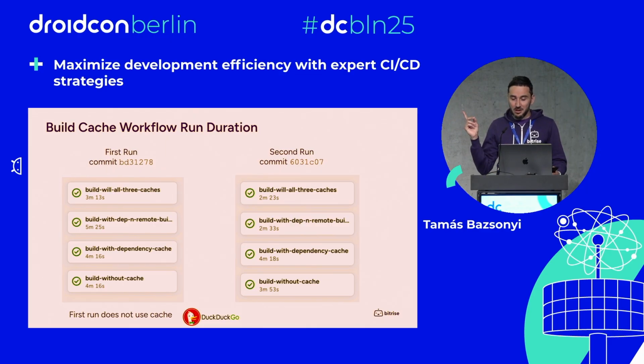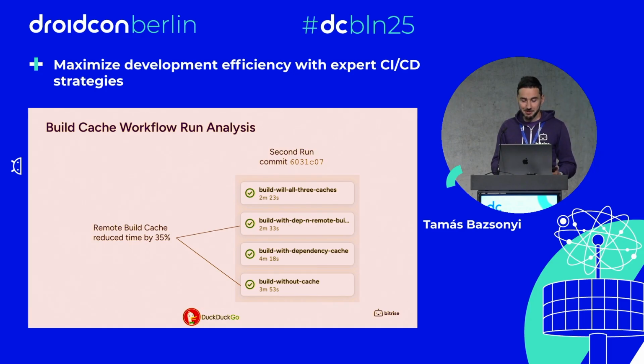But now we can see that the build with remote build cache enabled went down to 2.5 minutes. This highlights how much faster you would be able to execute your builds simply by adding the remote build cache. And if we look at the numbers, you are seeing a 35% improvement in the build times.